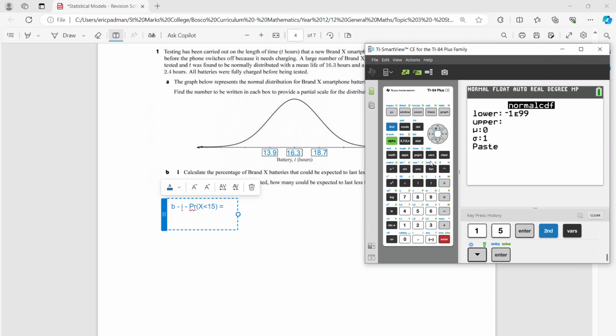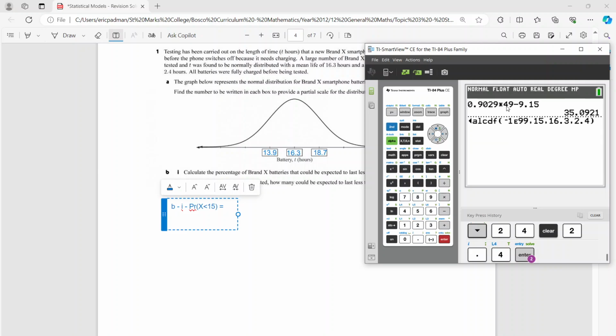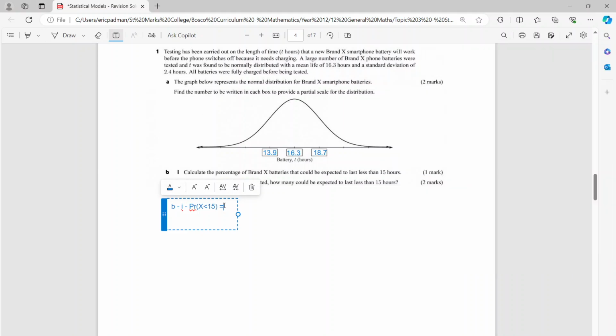We are doing less than, so that looks right. 15. Mean of 16.3 and standard deviation 2.4. Okay, 29%.